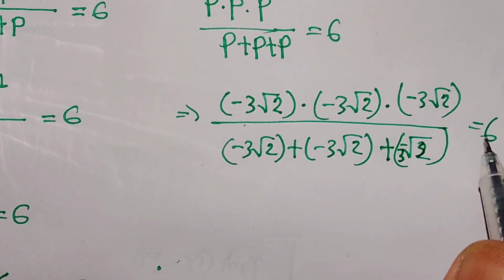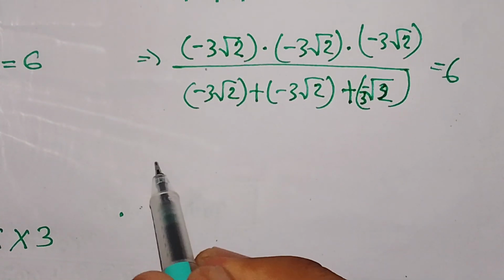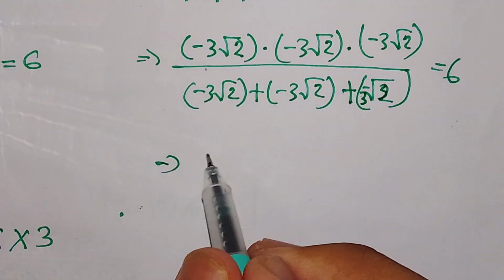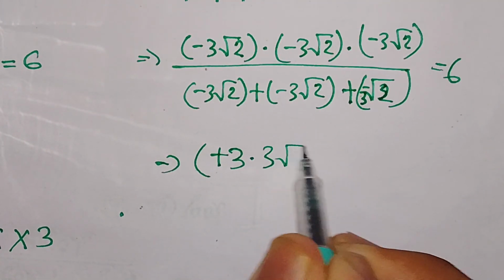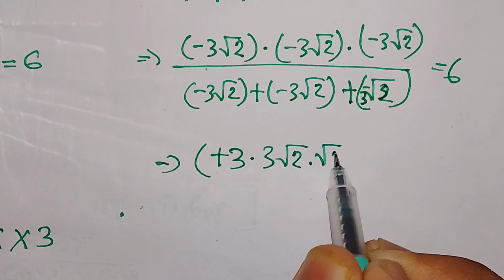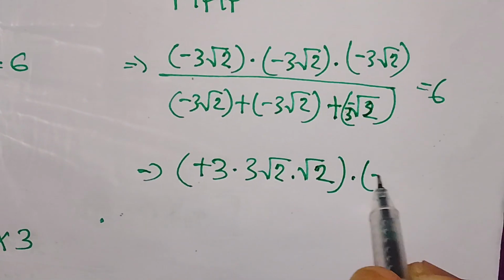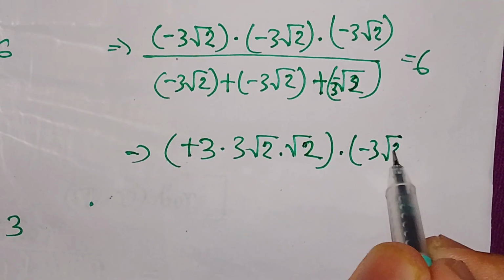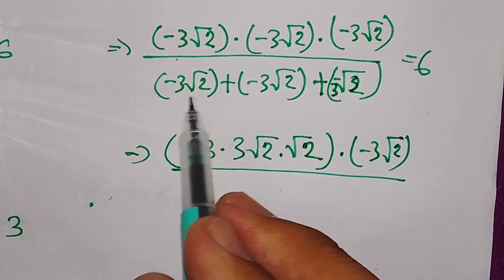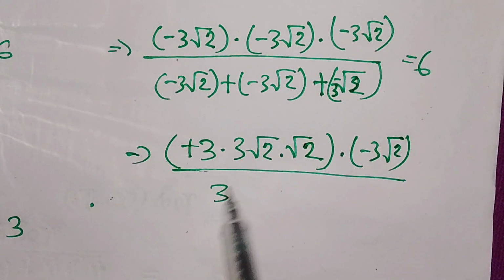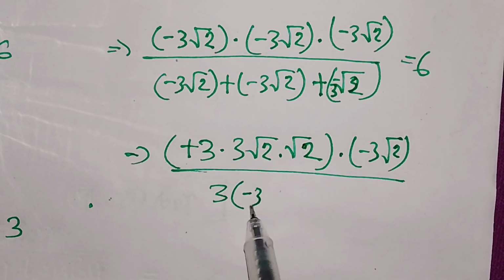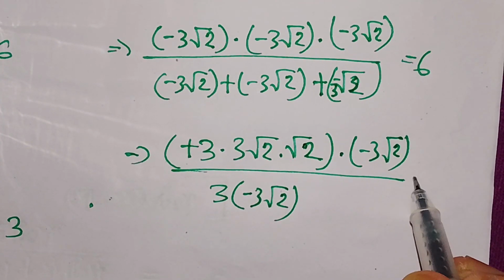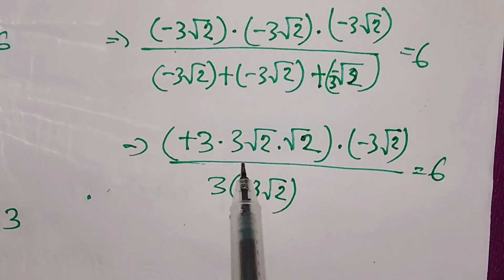2 equals 6. So after simplifying this equation we can write plus 3 times 3 root 2 times root 2 times minus 3 root 2 divided by, from here we can write, 3 times bracket minus 3 root 2 equals 6.